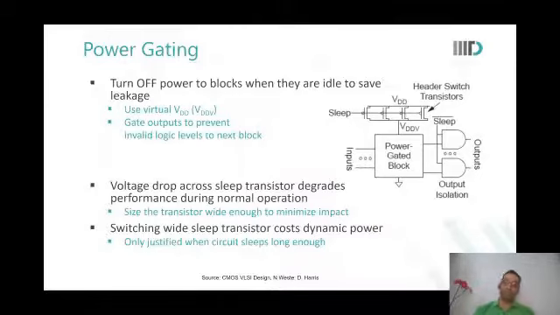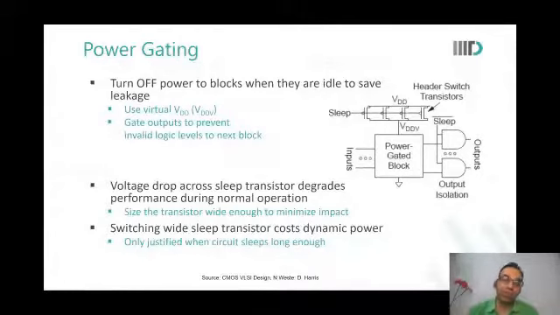But a very important technique that you use is called power gating. So when your entire circuit is not going to be operated, you put a set of these sleep transistors or header switch transistors on VDD.